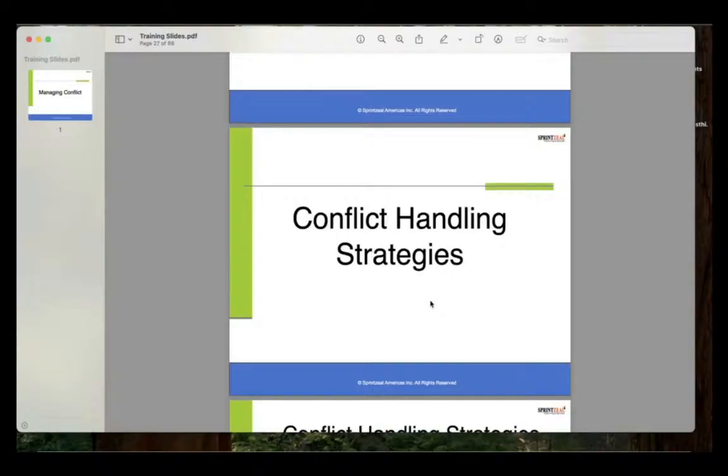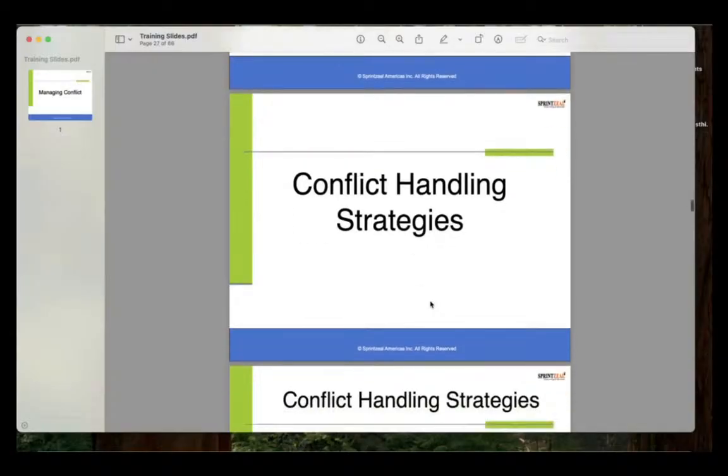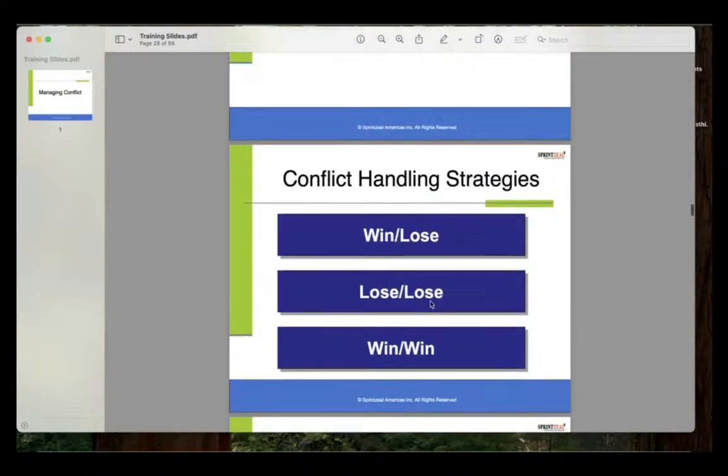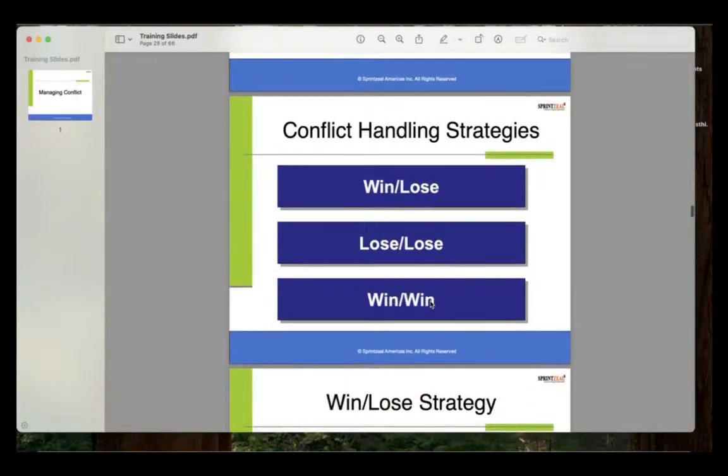This is an important point of conflict handling and resolution, because these strategies are going to help in real case scenarios also. So these are the three strategies: win-lose, lose-lose, and then win-win. Let's go through them one by one.